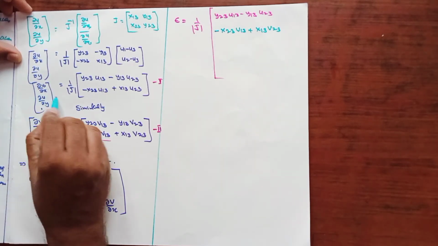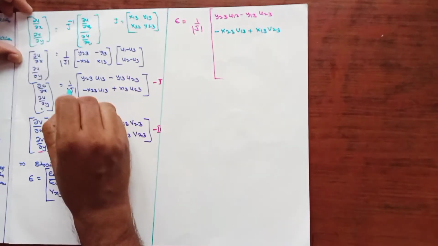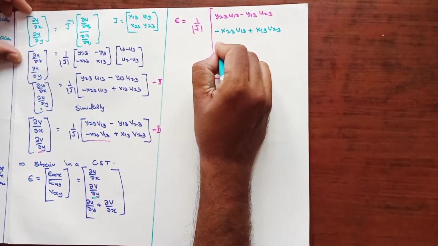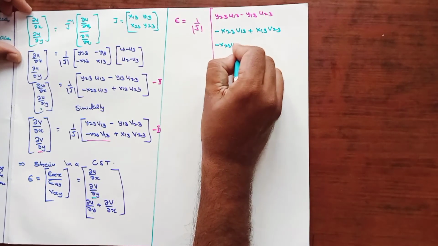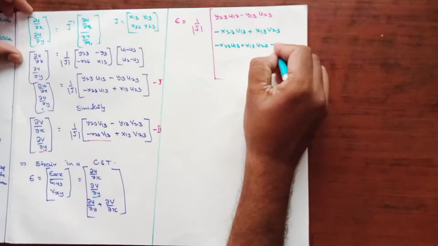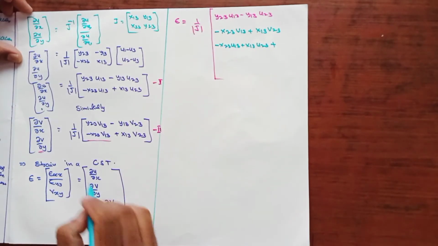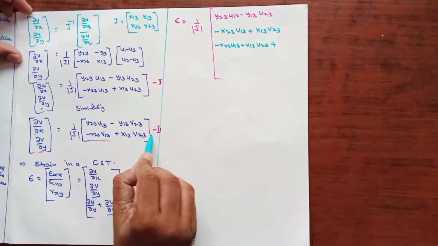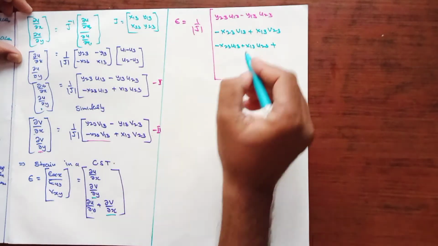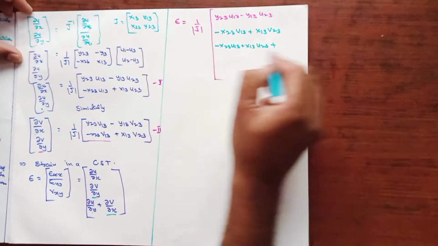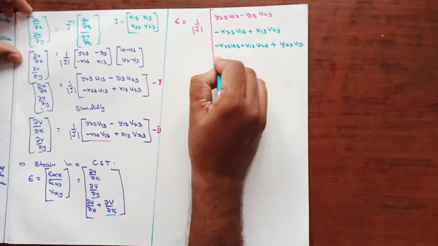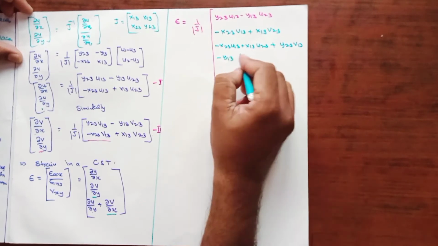That would be the second element, and that must be equal to 1 by det J into the second row, that is minus x23 u13 plus x13 u23, plus ∂v/∂x. The ∂v/∂x can be written as the first element in the second equation, 1 by det J, the common factor already taken, and plus y23 into v13 minus y13 v23.